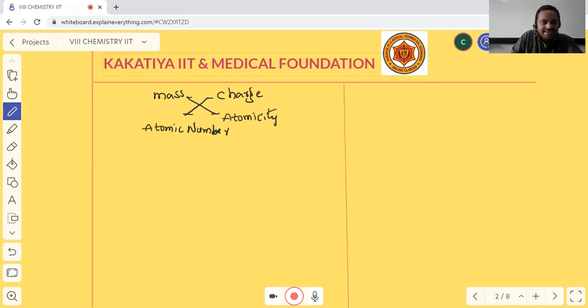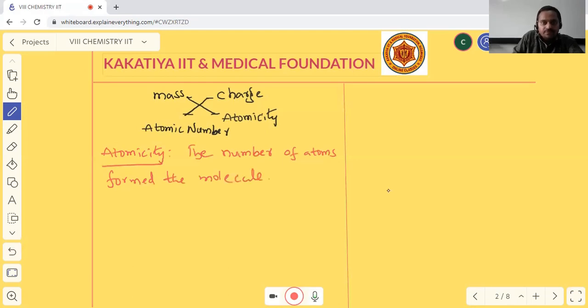In that, first we will discuss what atomicity is. Atomicity means the number of atoms that form the molecule. For example, F2 is a molecule.